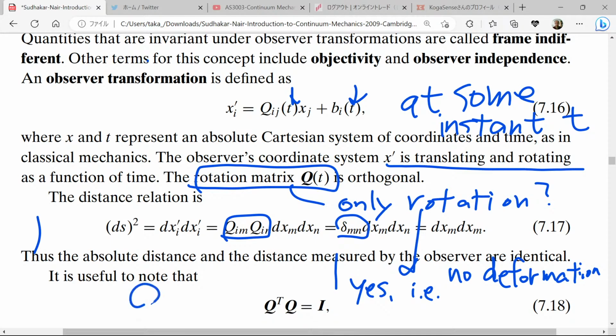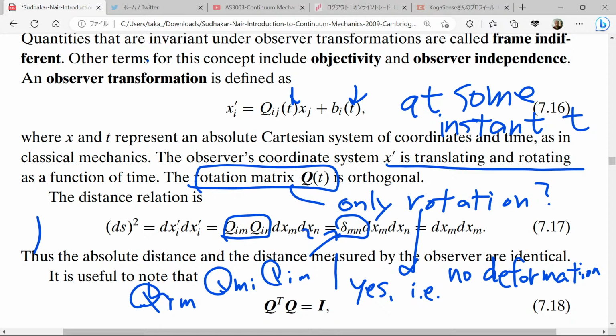Do you have Q_im, Q_mi? I don't know how to do this.